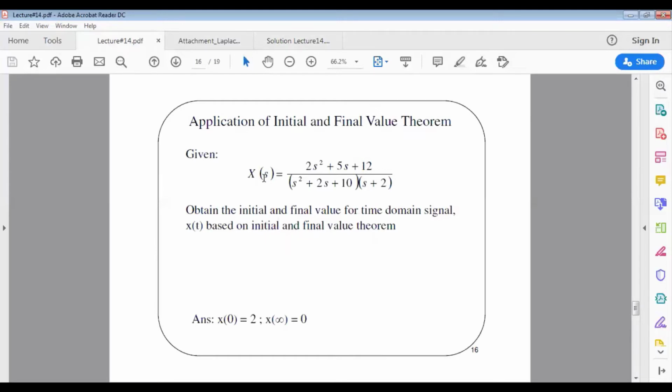If we are given X(s), the Laplace transform of x(t), we can find the initial value in the time domain, which is x(0), and also the final value, which is x(infinity), by applying the initial and final value theorem. So how do we find the initial and final value for x(t)?